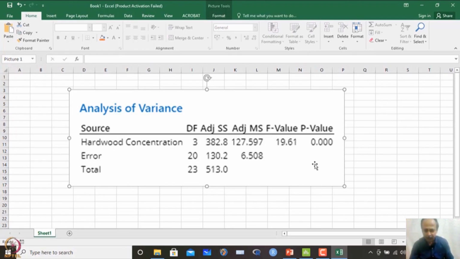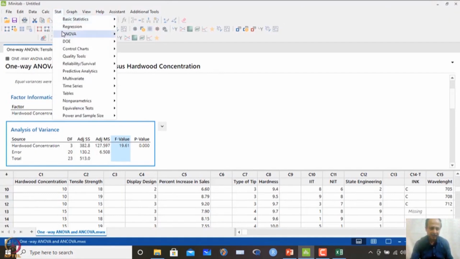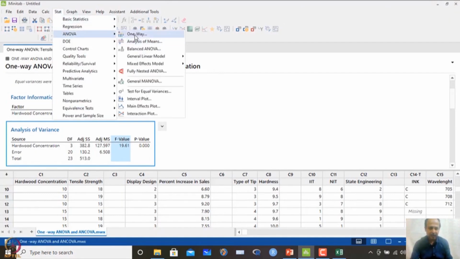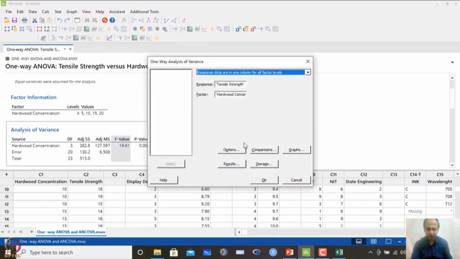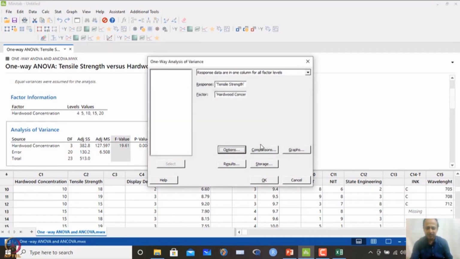If you are not doing this and you assume that variance is different, then another test equivalent to this one way analysis, the Welch test, will be applicable. So, in the options, if you do not assume equal variance, the statistical test that exists is known as the Welch test.